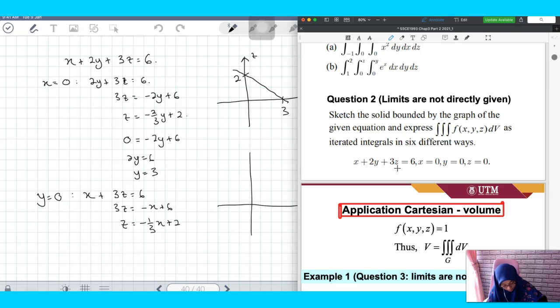So your trace on the x-plane, you have this, and you got 2.